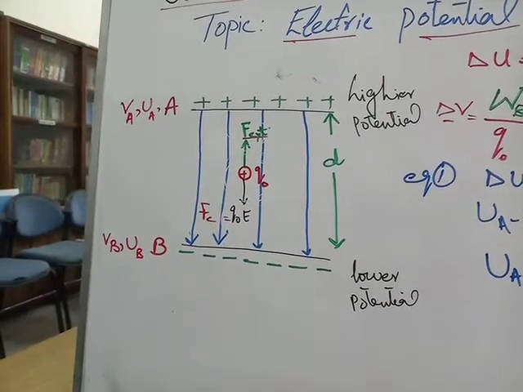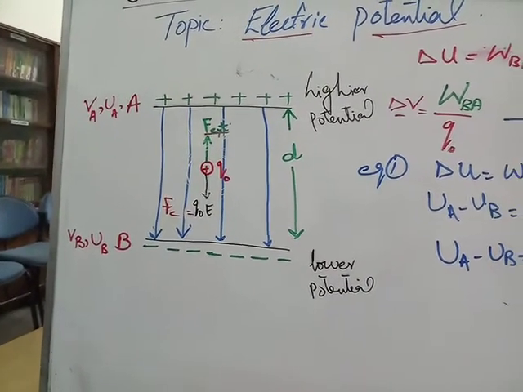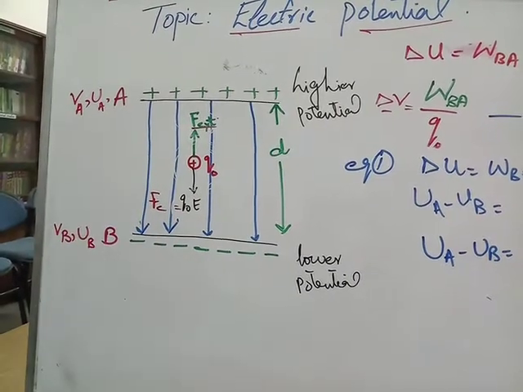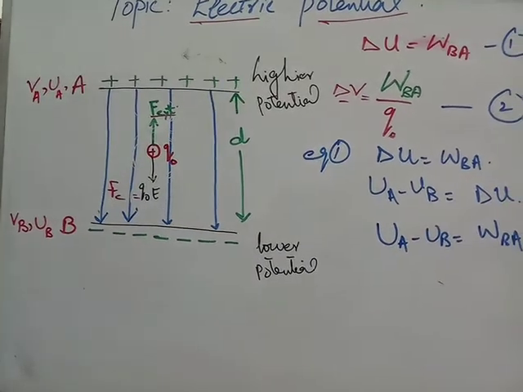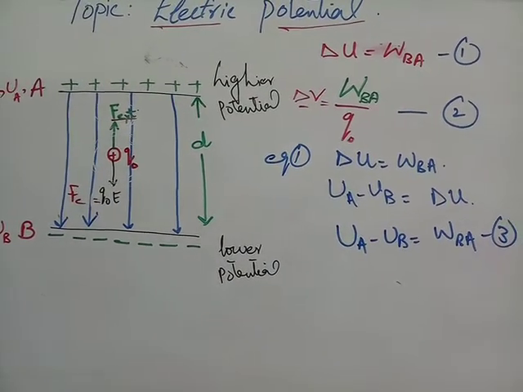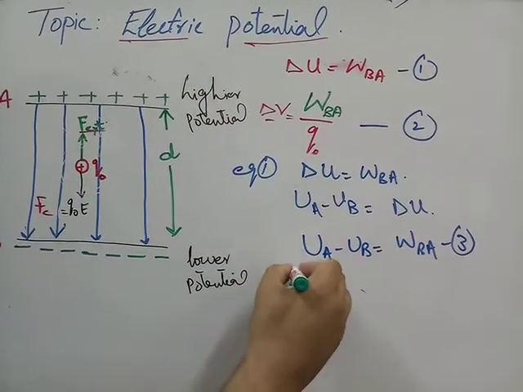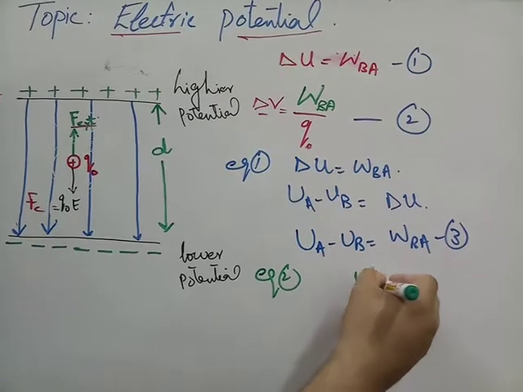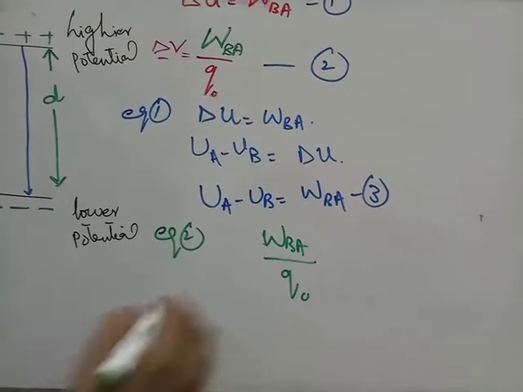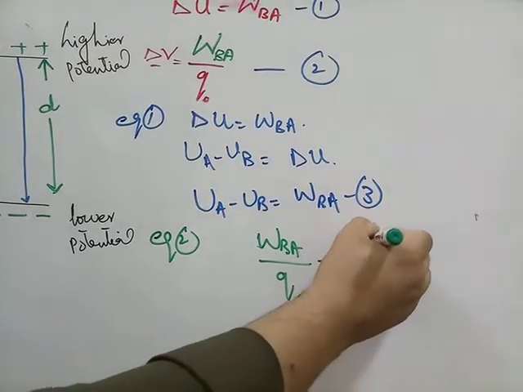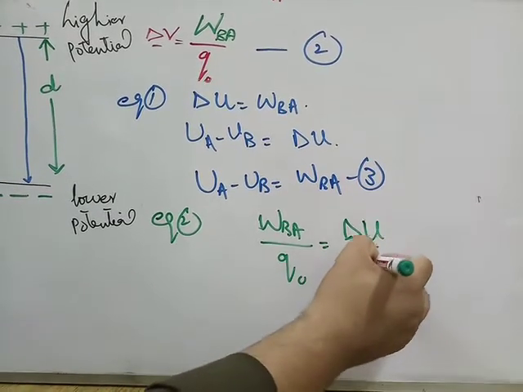So the potential difference between 2 points is the work done in moving a unit positive charge from one point to another, keeping the charge in electrostatic equilibrium. It means we can say that equation 2 becomes the work done from B to A on a charge. This implies that this is equal to delta U over Q naught.